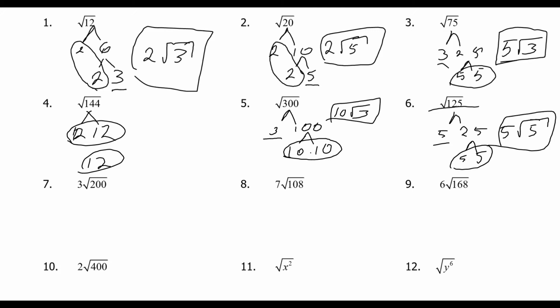Alright? Number 7. Okay? We've got a number out front. Now, something that I always like to do is go ahead and write that number or whatever's out front down here at the bottom with a little multiplication sign after it. You'll see why in just a second. Alright, now the 200, I can break that apart into 2 and 100. I can break the 100 apart into 10 and 10.